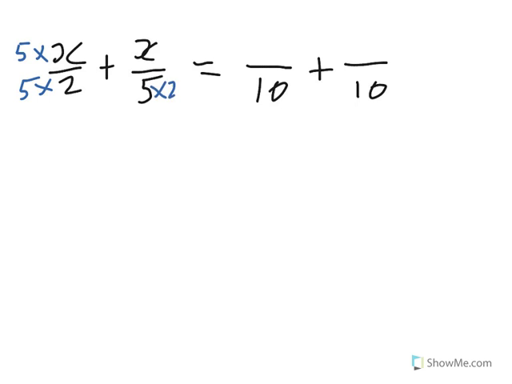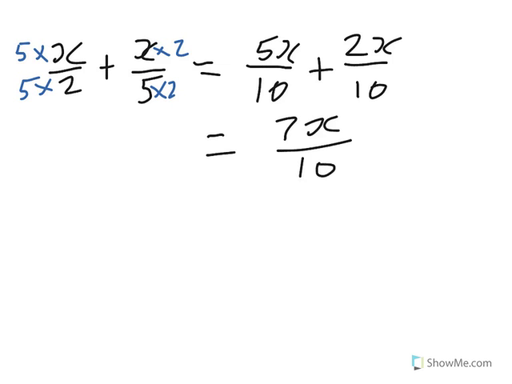And 5 we've got to times by 2, top and bottom by 2. So you've got 5x plus 2x, not 7x. So of course 7x over 10 would be our final answer for that.